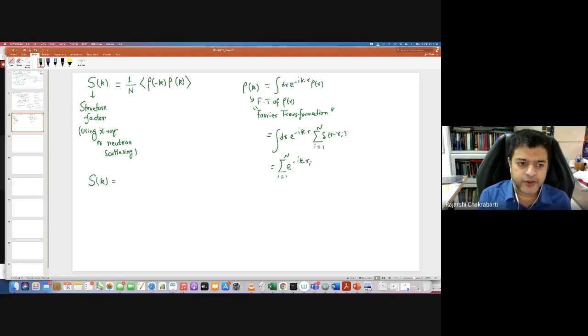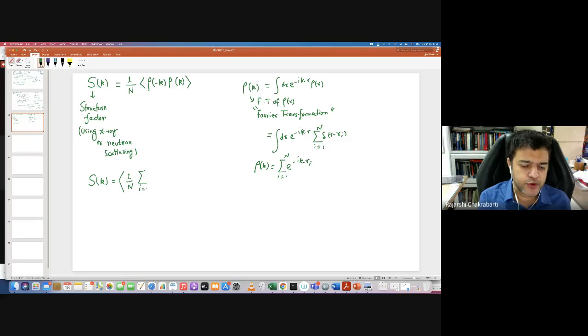Okay, this is how it is. So your S of k is going to be 1 over N, and I'll have rho of minus k and rho of k. This is rho of k. What is rho of minus k? I have to take minus k here, isn't it?